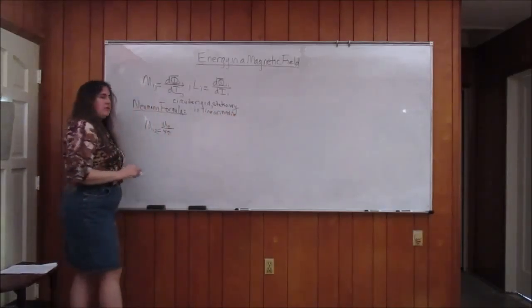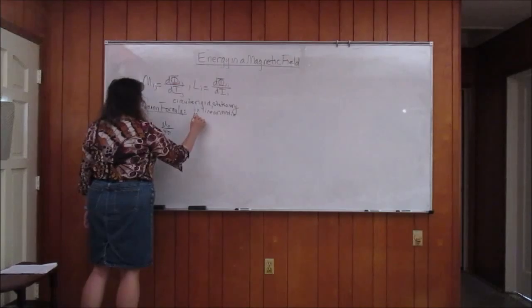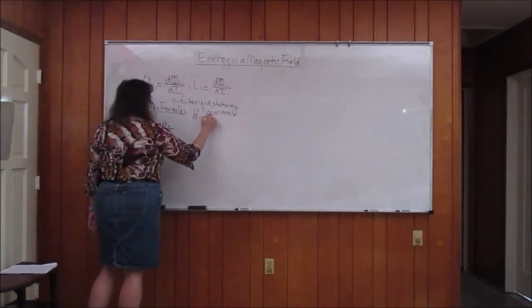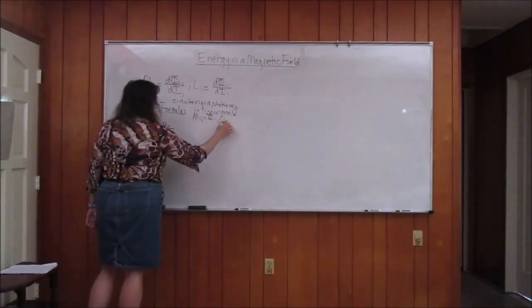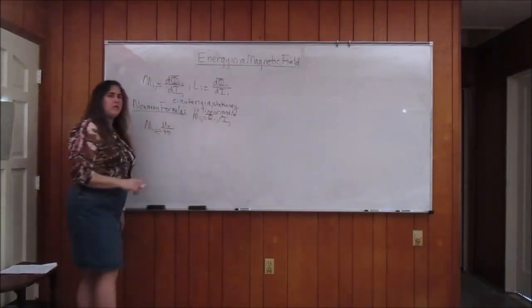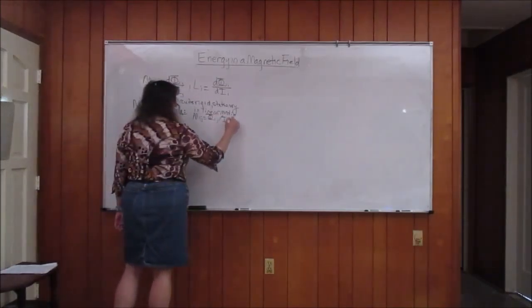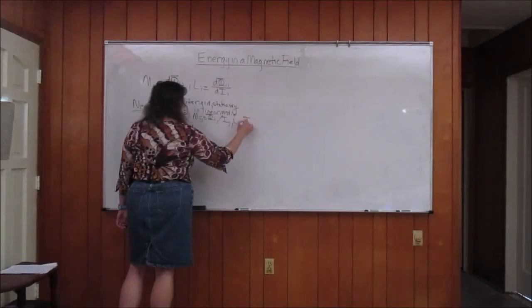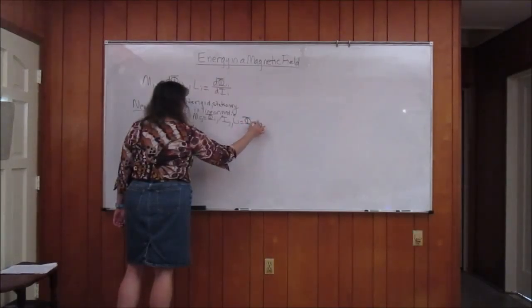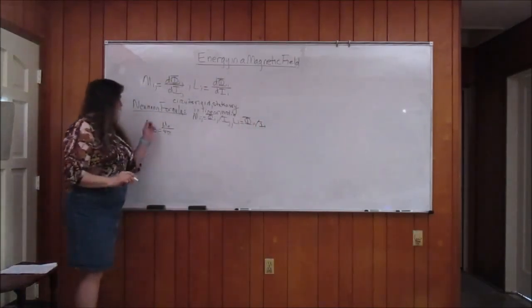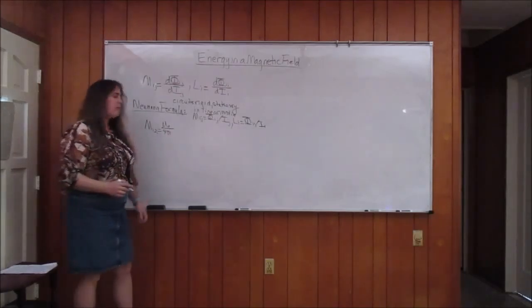In that case, these derivatives can be replaced by just the flux divided by the current, and the Neumann formula pertains to two coupled circuits.